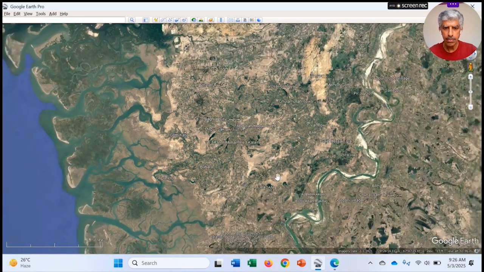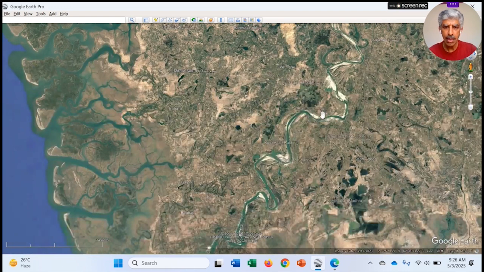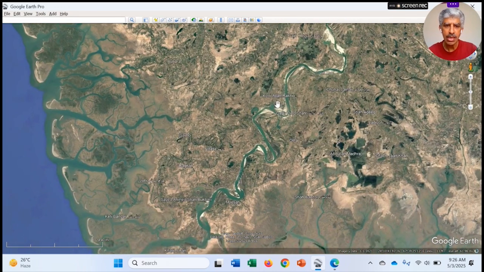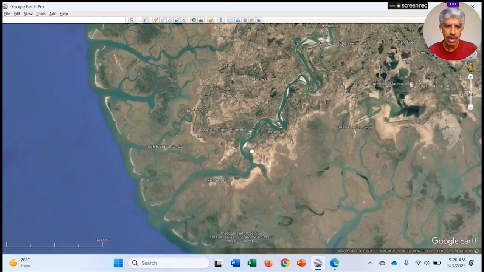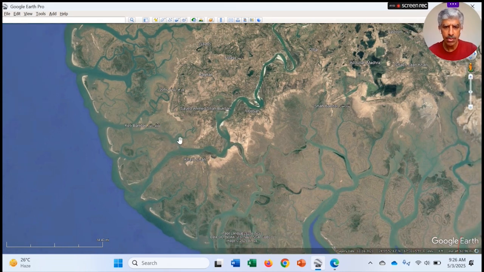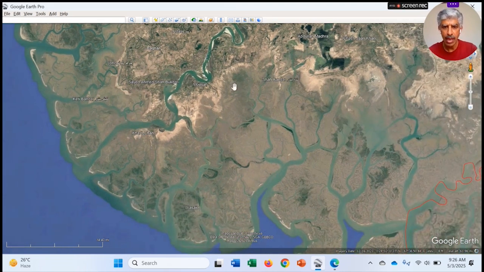Here we are witnessing the river Indus flowing southwards, meandering, and this whole region is the delta region of the Indus, and it falls into the Arabian Sea over here. This whole region is swampy marshland, and you can see here KT Bandar, a very famous region close to Karachi, and this whole is known as the delta region.